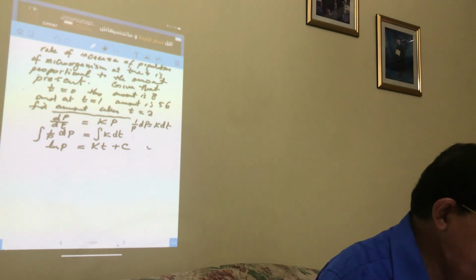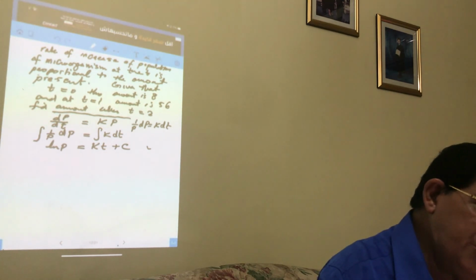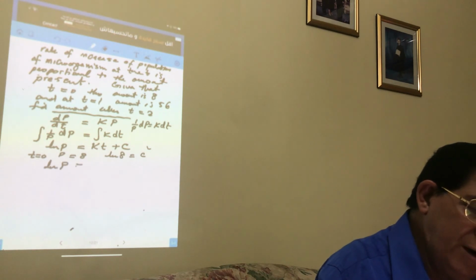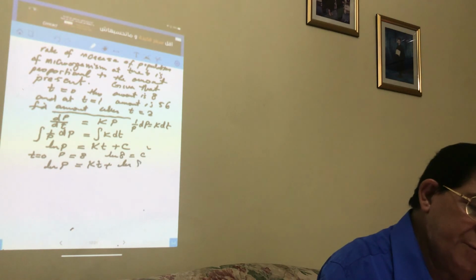Now we substitute at t equals 0, population is 8. So ln 8 equals c. Therefore, ln P equals kt plus ln 8.